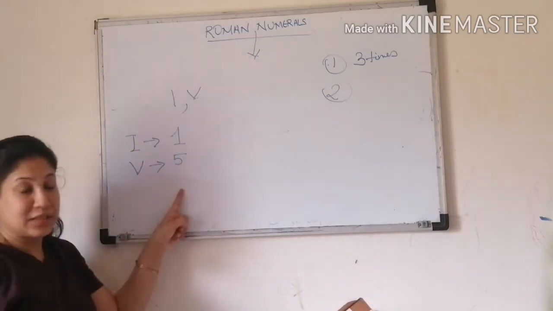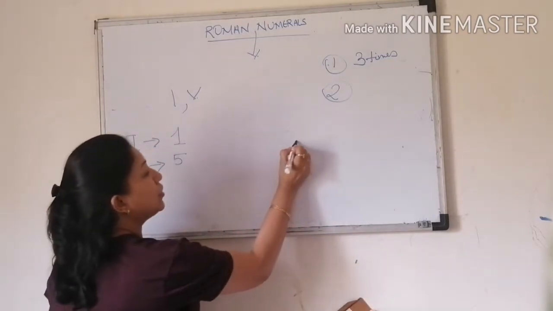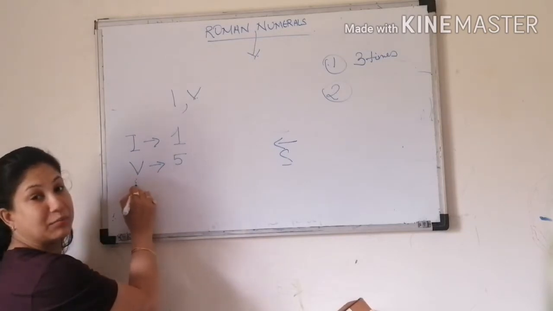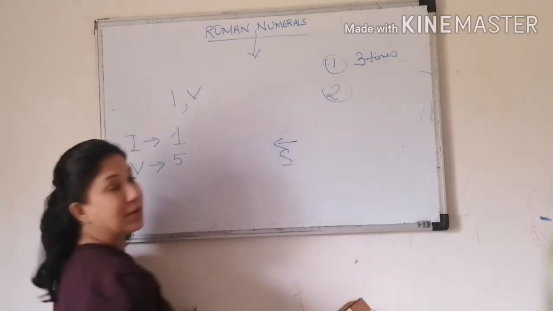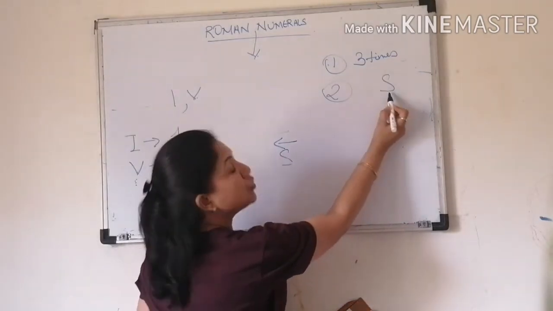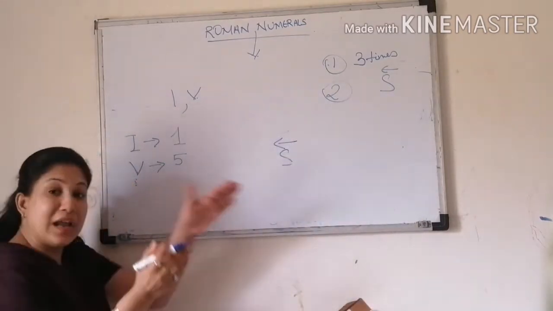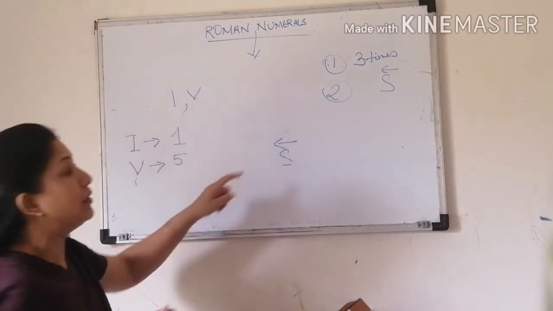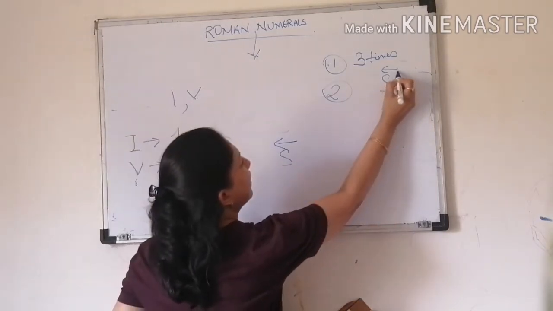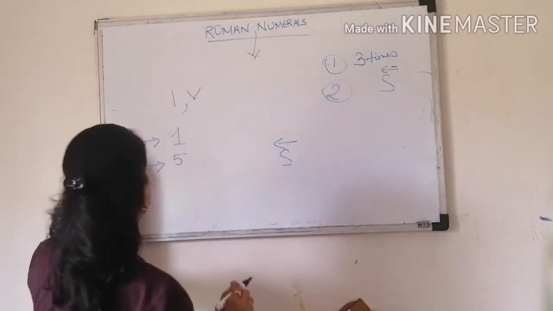The rule states that if the smaller number is placed towards the left hand side of the greater number, then it is subtracted. Take an example. See with the symbol you will understand. If the smaller number is towards the left hand side of that number, we subtract. S for subtraction, and I can also put a minus sign. Just check.